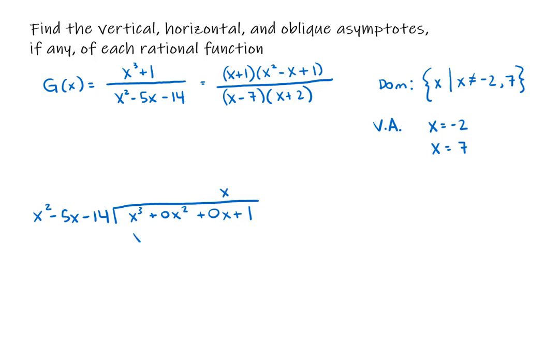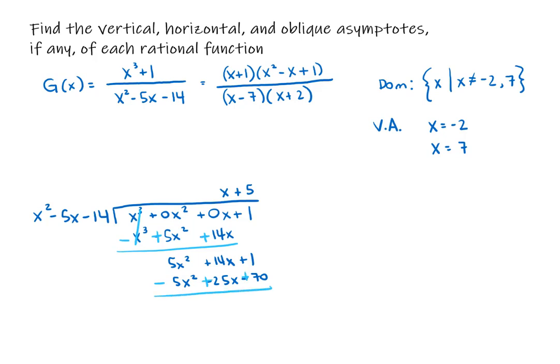X times x squared is x cubed minus 5x squared minus 14x. We're going to switch all the signs by subtracting, and we're going to be left with 5x squared plus 14x plus 1. X squared goes into 5x squared 5 times, and it actually doesn't matter if we do this step because we don't care what the remainder is, but I'm just going to do it to finish my polynomial long division.